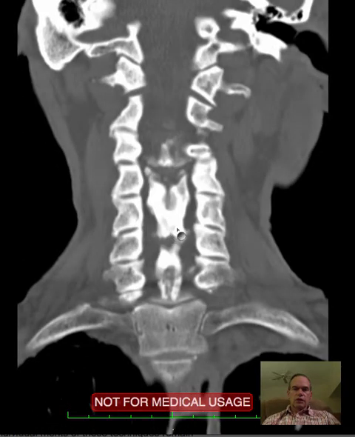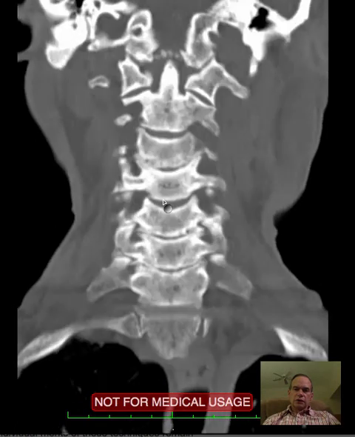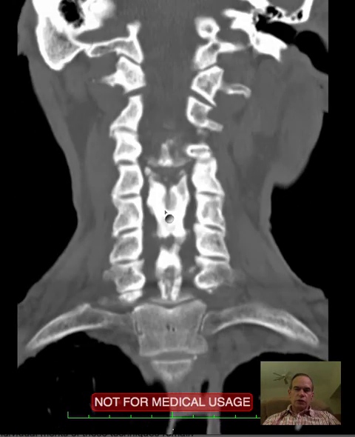Okay, and here you see those areas of ossification. So the OPLL, the ossification of the posterior longitudinal ligament, is present posterior to the vertebral body. So here are the vertebral bodies, and as we move more posteriorly and get out of them, we see these sheets of bone like this, which is OPLL, ossification of the posterior longitudinal ligament.